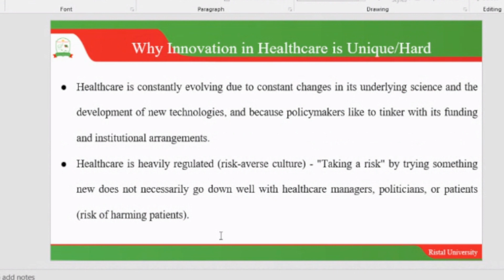So those constantly evolving changes, we are now talking about artificial intelligence. If you are having a hospital with staff that are a bit conservative and not willing to take on these innovations of artificial intelligence, then sometimes you might be left behind, okay? And you do not want that.